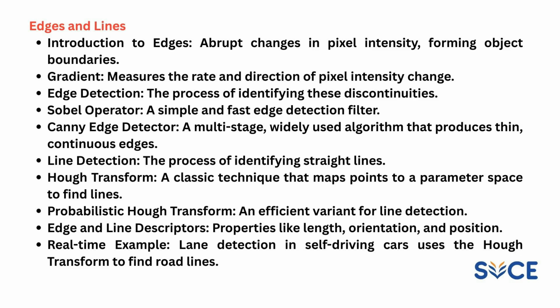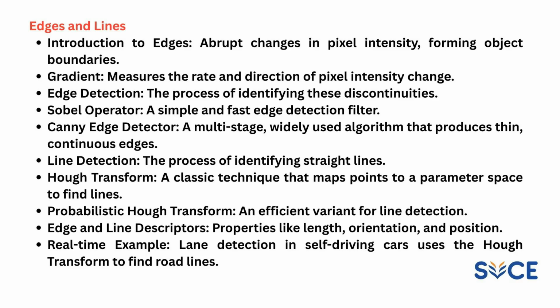It's a brilliant trick. Instead of searching for lines directly, it makes every pixel vote for all the possible lines it could be on. The line that gets the most votes is the one that actually exists.